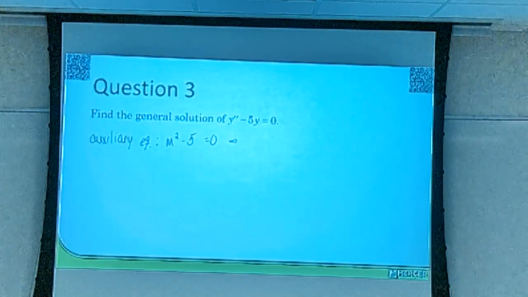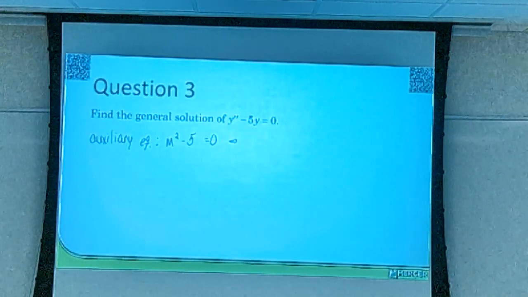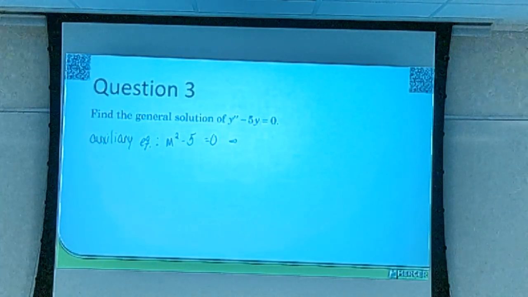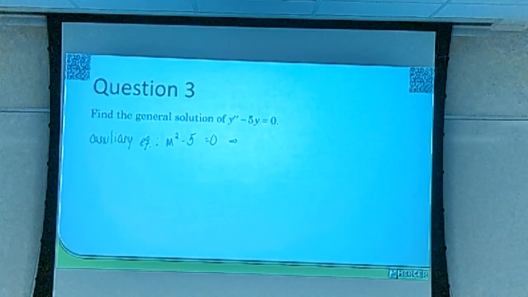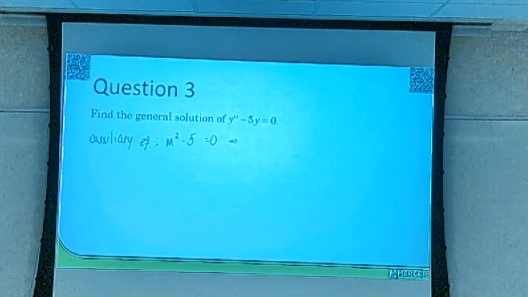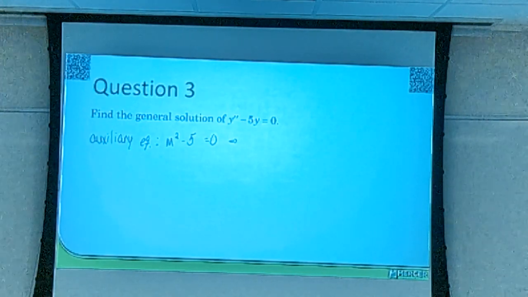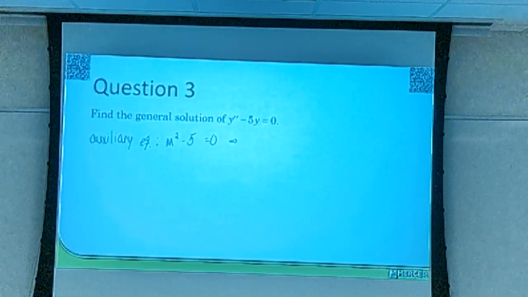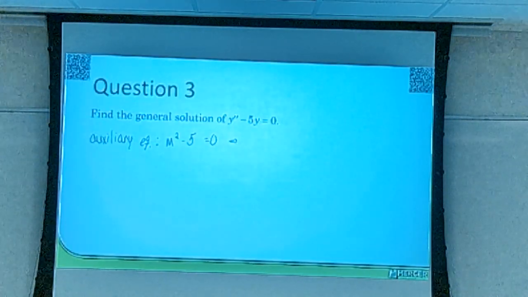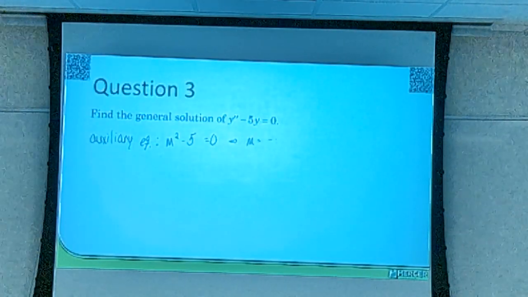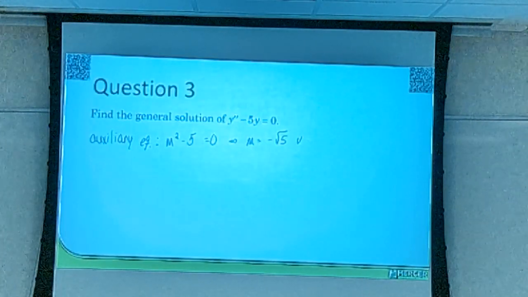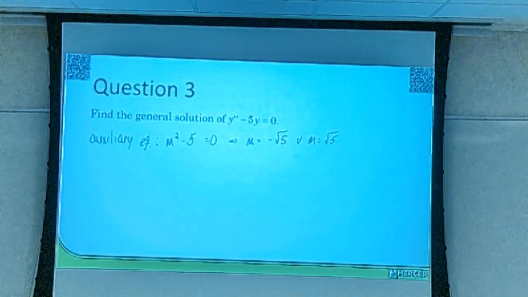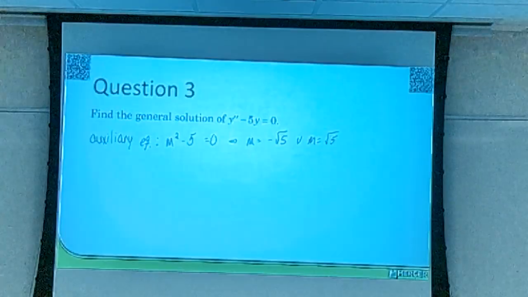Now that makes it also really easy to solve. What are your two solutions for m? Root 5. What's your root? Negative root 5 or positive root 5?